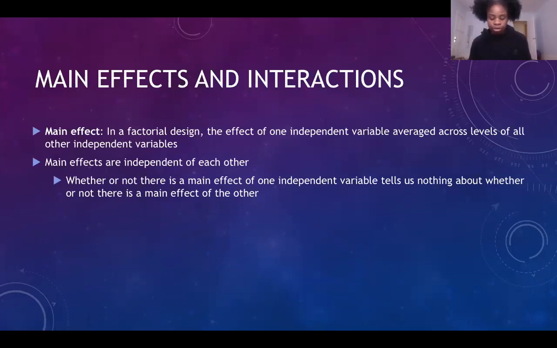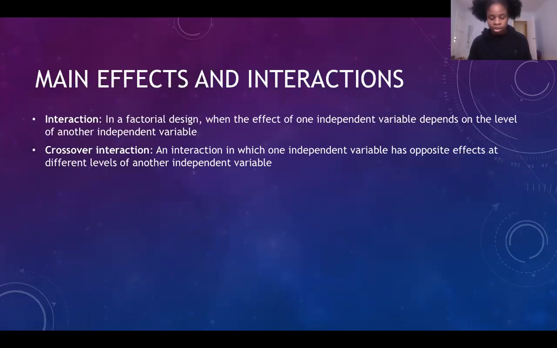There is an interaction effect when the effect of one independent variable depends on the level of another, okay? So an interaction effect in a factorial design is when the effect of one independent variable depends on the level of another independent variable.